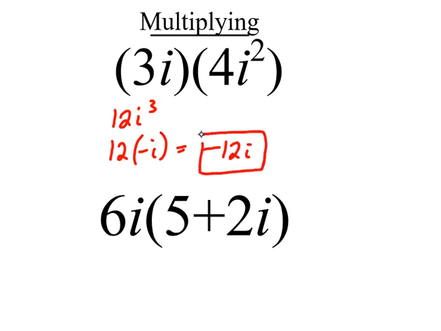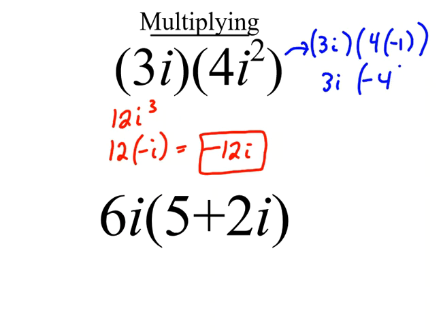Now, depending on how you approach this problem, you might have done it a slightly different way. It's possible that we could have had 3i, and then up here where I have 4i squared, I could have changed that i squared to a negative 1. 3i times negative 4, which is the same as negative 12i.